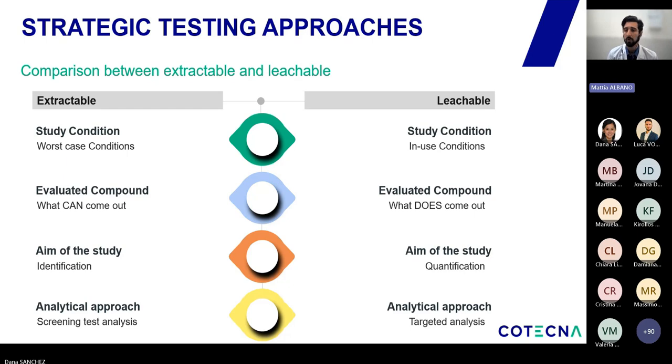And so it's very important to cross-reference the data obtained from extractables and leachables, because very often a result obtained in the leachables can be clarified, or we can find the source of this compound, by looking at the extractable data.